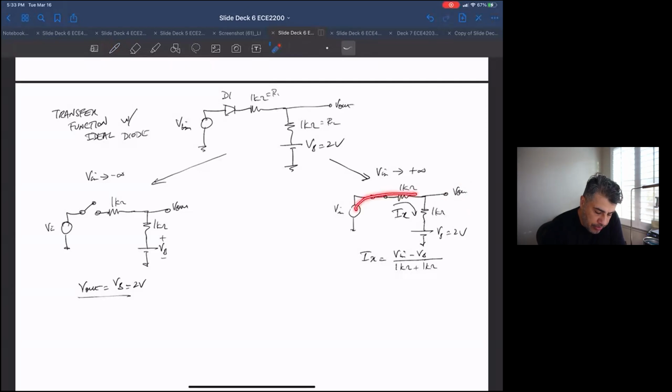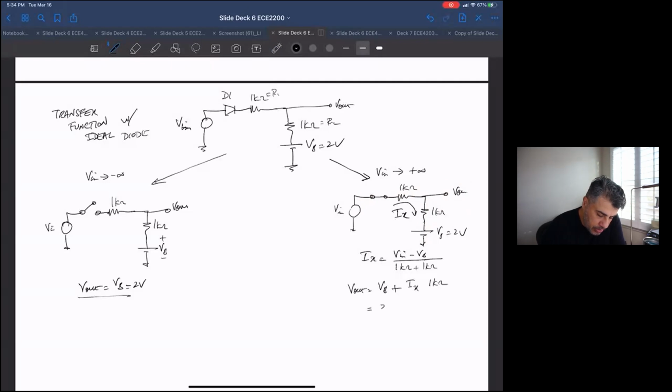Once we have the current, we can get the output voltage in terms of that current. You can go from either Vn or Vb. I'll do it from Vn. So V out is Vb plus the voltage drop across that guy, which is I sub x times 1 k ohm.